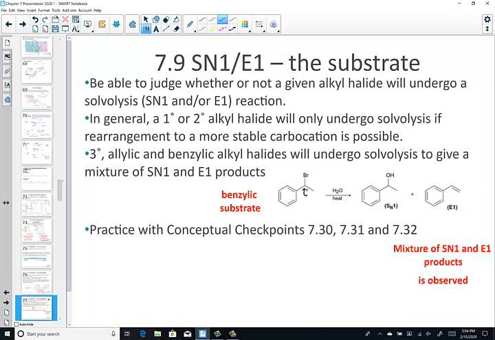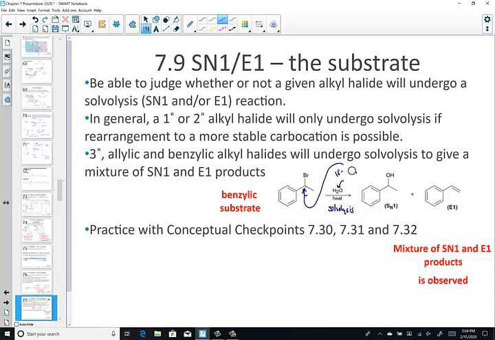Here is a secondary alkyl halide. We have a weak nucleophile, water, it's protonated, so this is solvolysis, where the solvent is acting as the nucleophile itself. Think of water as HOH. And so when you think of the mechanism, the oxygen has to be able to target the carbocation, the alpha carbon that forms.